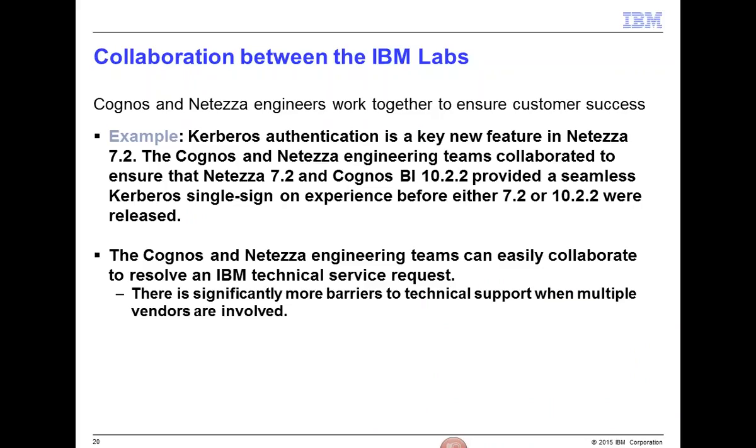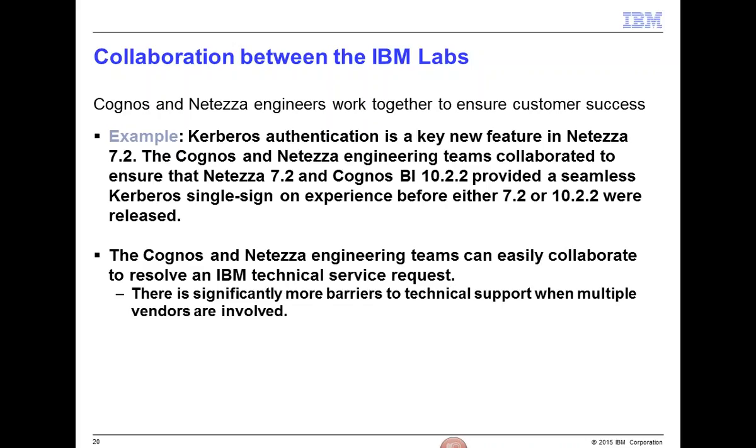Now, single sign-on is a very big topic, and as you see multiple appliances or multiple applications out there, companies are requesting single sign-on. This lays out how IBM is dedicated towards their clients using Cognos and Netezza.